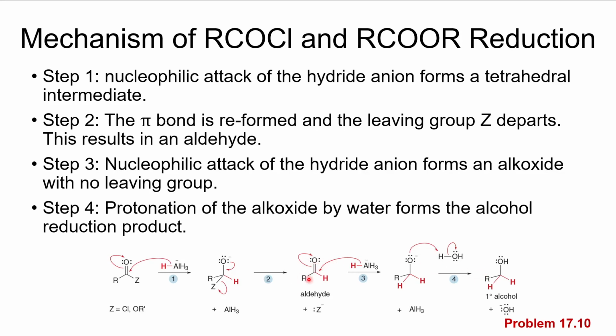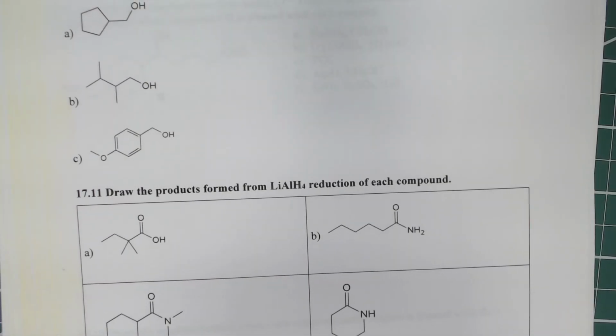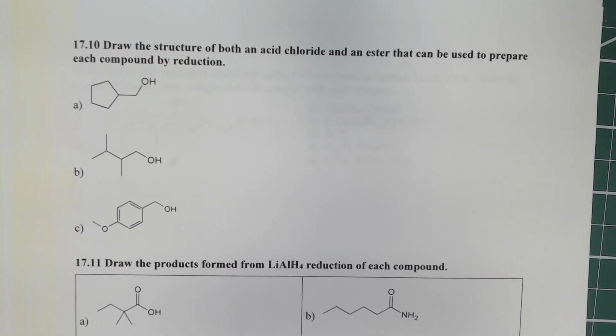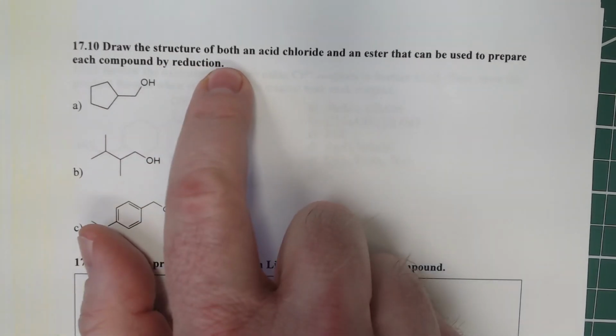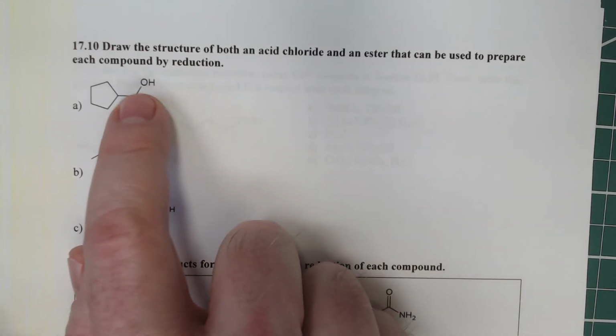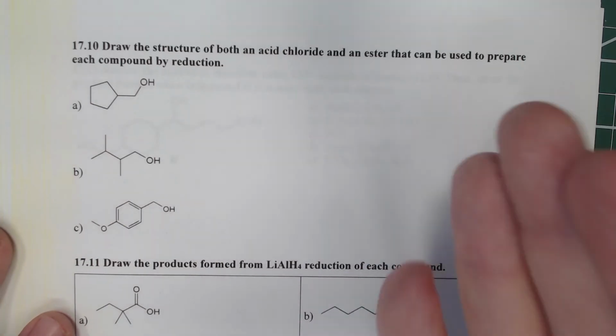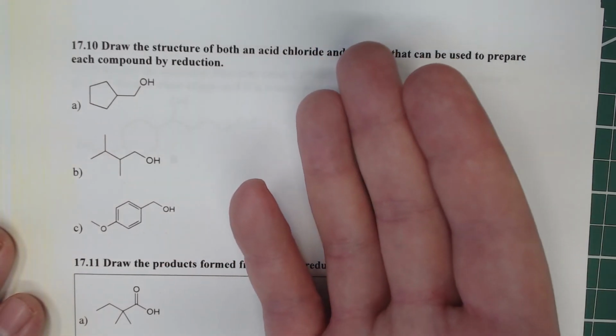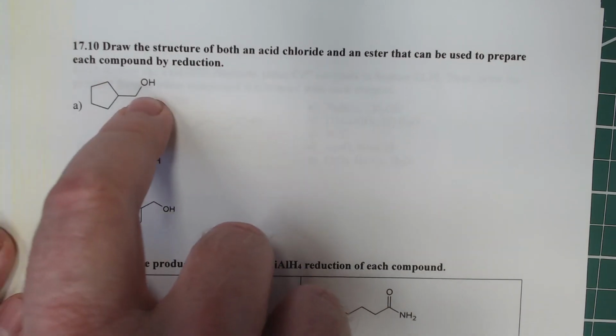So let's look at number 10. Draw the structure of both an acid chloride and an ester that can be used to prepare each compound. If we treat the acid chloride or ester that we're going to draw with lithium aluminum hydride, we will create these alcohols.